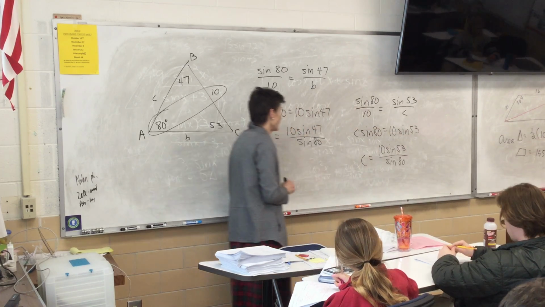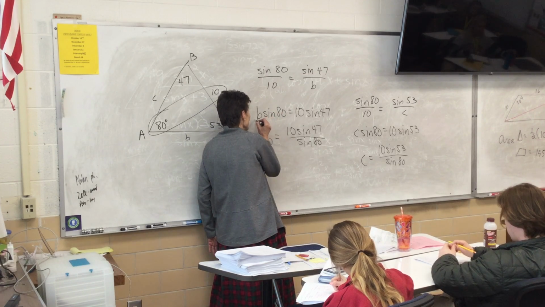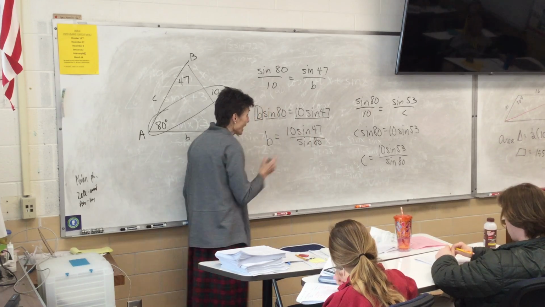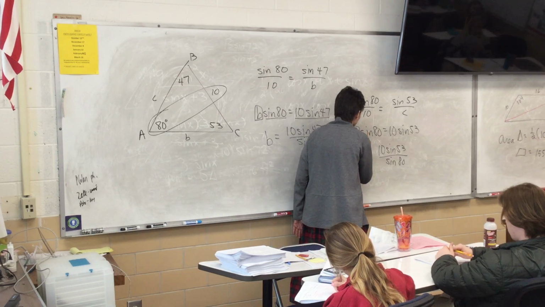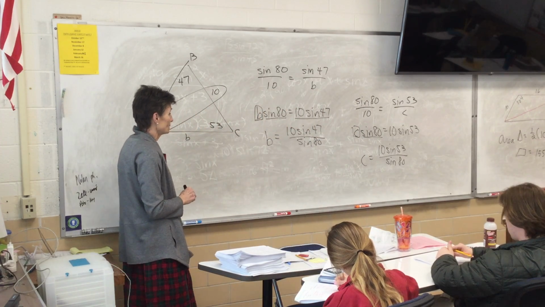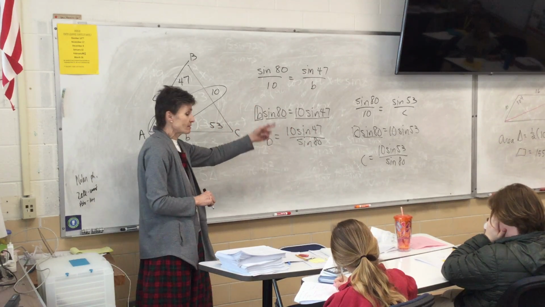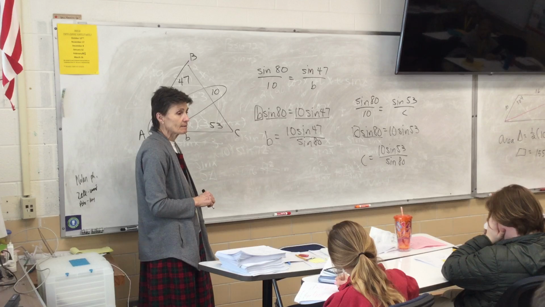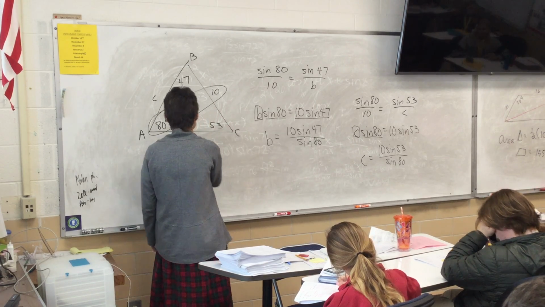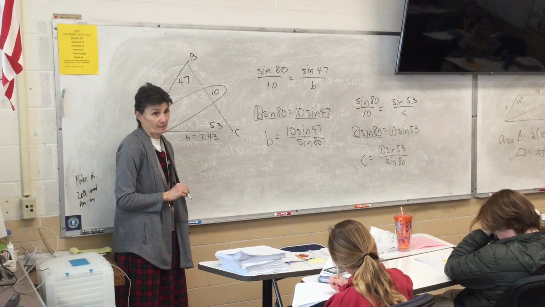Remember, guys, B is your variable, so you're dividing by sine 80. Actually, in both cases, right? You're dividing by sine 80. So 10 sine 47, close parentheses, divided by sine 80 is 7.43 for B. Yes. So make sure you put it in the right answer blank.